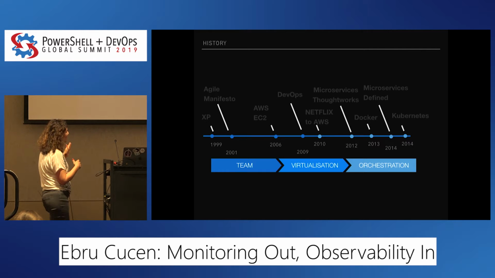That is about 15 years back. And then 2006 is when AWS first had the EC2 instances. Automation and provisioning, so that we get rid of our previous assumptions.